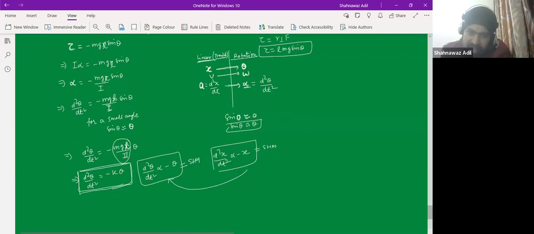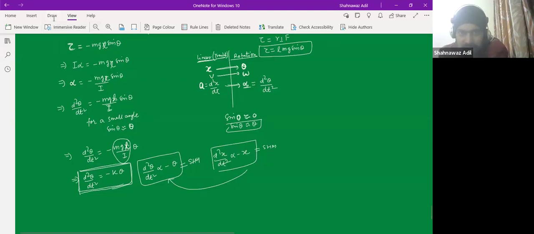I left at this point, so then we can also calculate the time period, right? And we already know the time period of oscillation. If we calculate the time period of this thing.